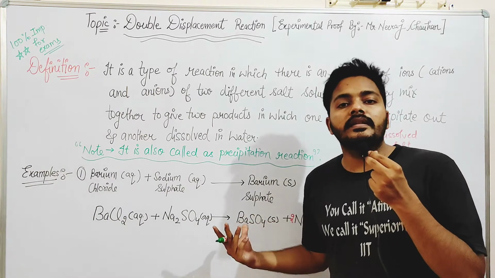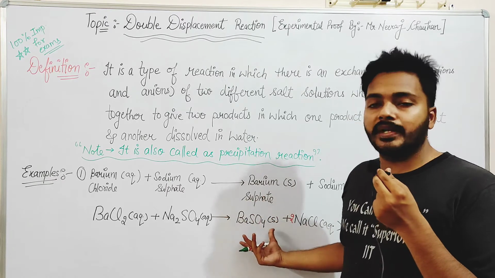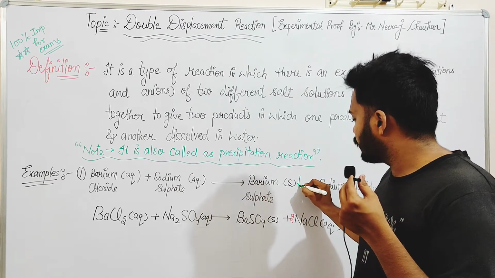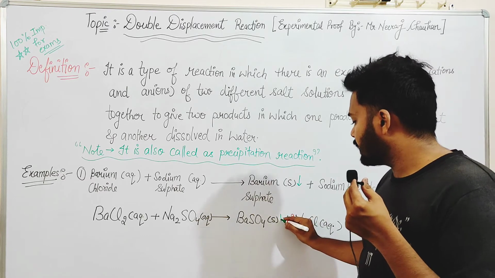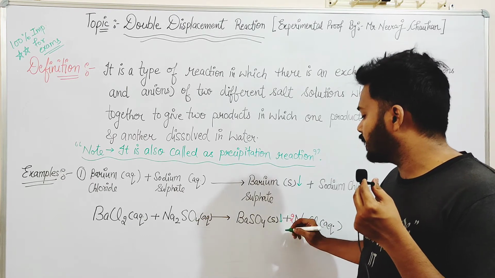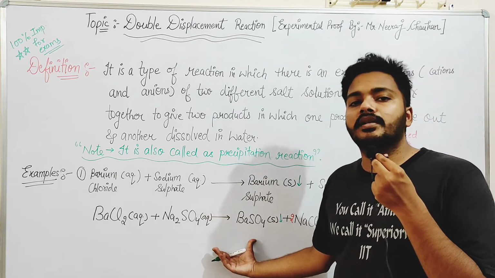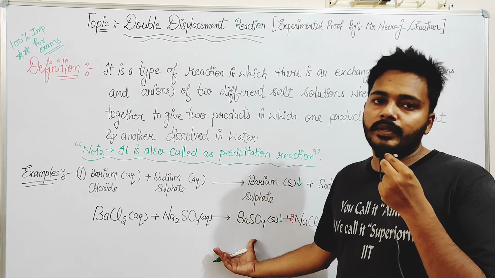We know that in this reaction barium sulfate is precipitated out. So you can add this type of arrow. This type of arrow represents precipitation of the substance. Now this is the complete balanced reaction of double displacement reaction.